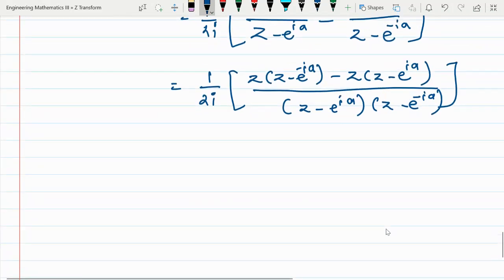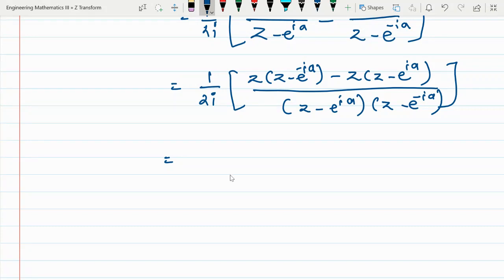Now if you solve this, the Z square is there, Z into Z is Z square minus Z into minus IA. And then here it is minus Z square, so plus Z square and minus Z square get cancelled.